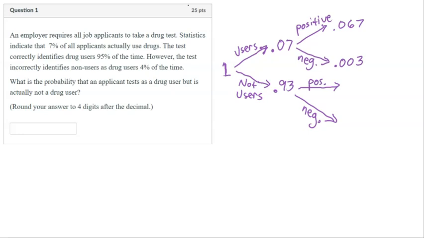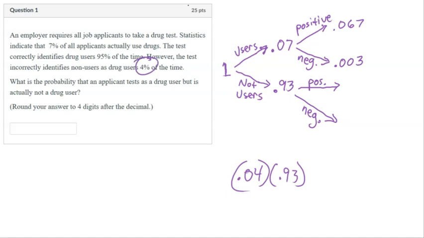Then it says, however, the test incorrectly identifies non-users as drug users 4% of the time. So 4% of this 93% are going to be positively identified. That's 0.04 times 0.93.